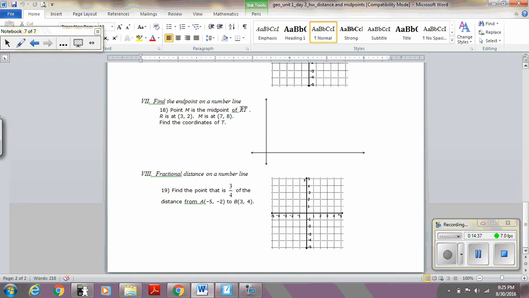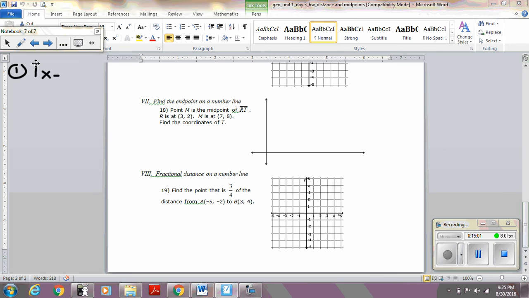And lastly, I'll help you with number 19, which again is the fractional distance problem, where those 3 steps are doubled by 2 because what you do to x, you have to do to y. So, first step, is find the distance between my x's.